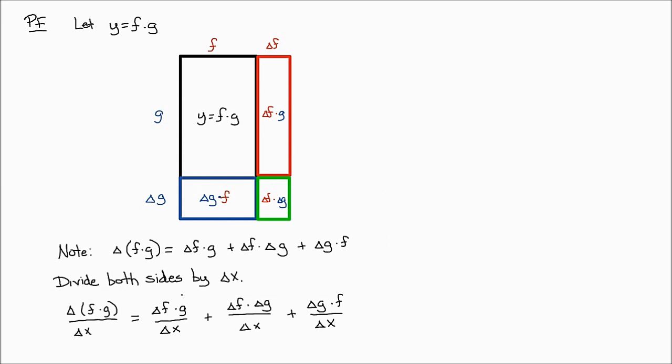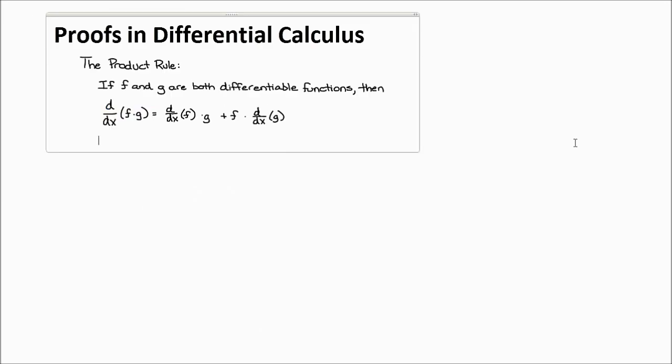So I divided both sides by this little delta x, and the reason why is because if you look back at our claim to fame here, we're claiming that if f and g are both differentiable functions, then d/dx of f times g, in other words, delta over delta x of f times g.